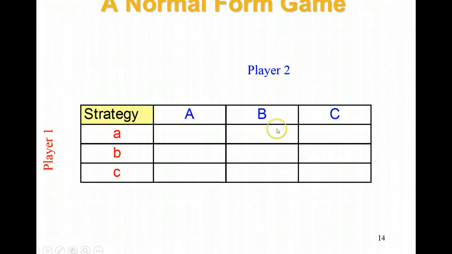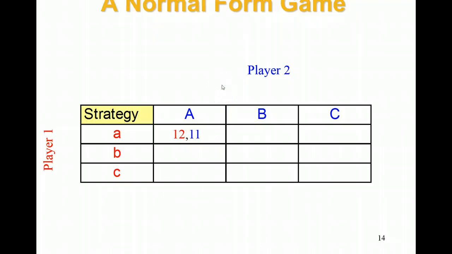And what we're going to populate in each cell are payoffs. So in other words, if player 1 chooses strategy little a and player 2 chooses strategy big A, then player 1 is going to get 12 and player 2 is going to get 11. Now let's call this a profit.